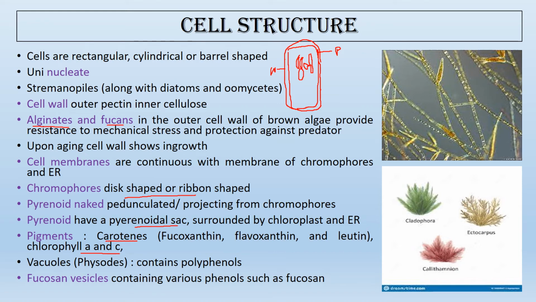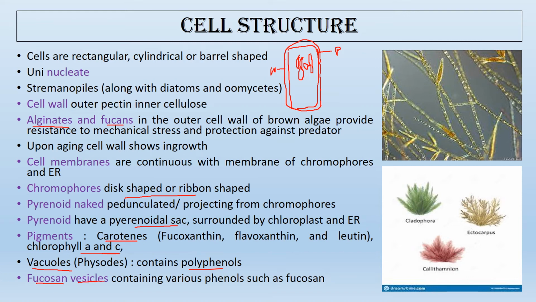So endoplasmic reticulum is also present there, and apart from these living organelles, there are also non-living inclusions in the cell of Ectocarpus. Mostly, the vacuoles contain various types of polyphenols, and one of the most important types of vacuole present in brown algae is the fucosan vesicles.